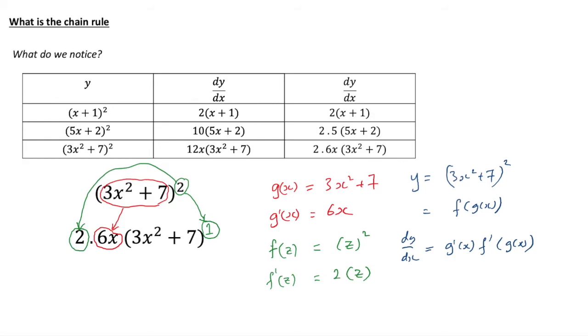Well, we have g dashed of x, which is the red circled 6x on the left, and we also have f dashed of g of x, because we have 2 times the bracket to the power of 1, which is the f differentiated, but then in the bracket there we have our 3x squared plus 7, or our g of x.